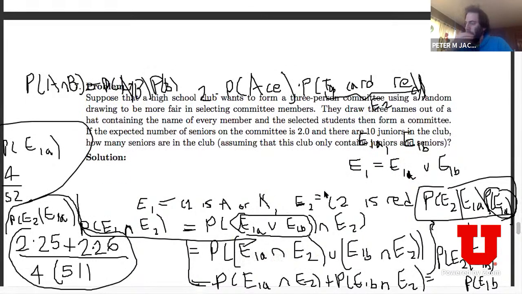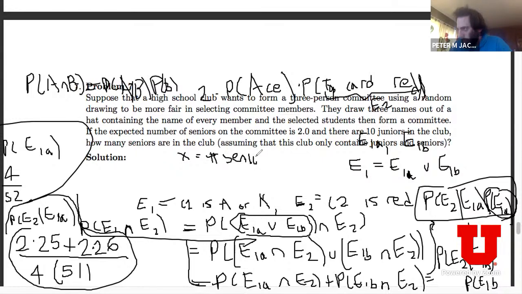Oh, okay. So the hint, since we don't have time: we're trying to compute how many seniors are in the club, and the expected number of seniors is 2. This is just a starting hint, you'll have to do more thinking. Have some variable X that represents the number of seniors in the club.